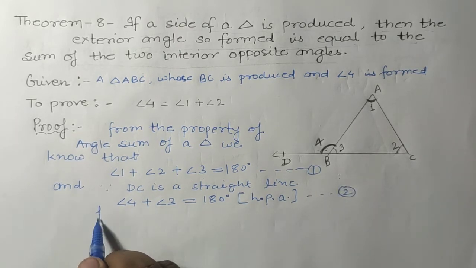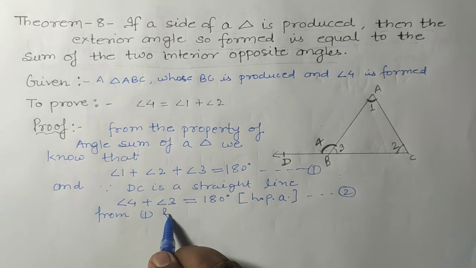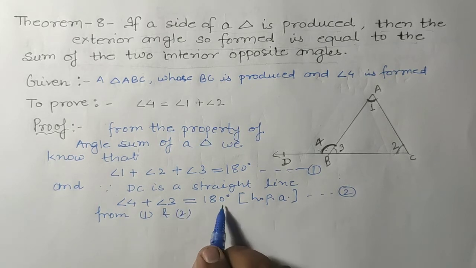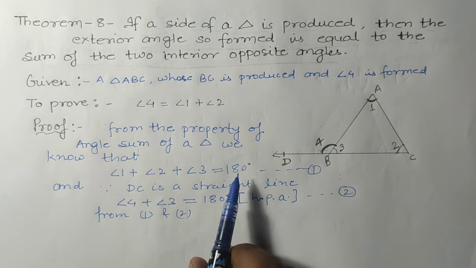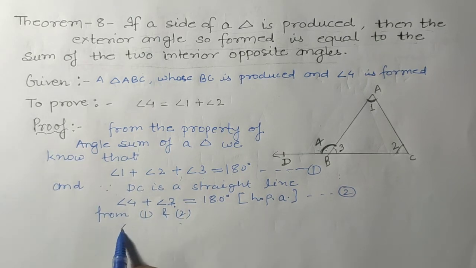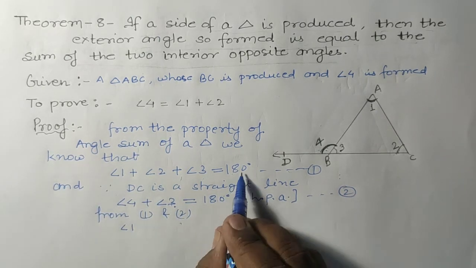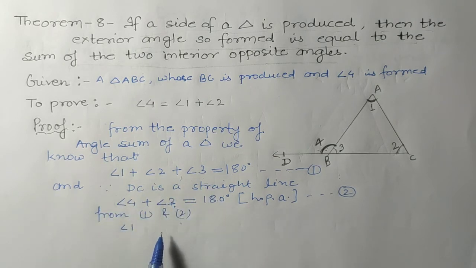Now see students, in equation 1 the right hand side is 180 degrees. In equation 2 also the right hand side is 180 degrees. So things which are equal to the same thing are equal to one another. So from 1 and 2 we can write, if their right hand sides are equal, then their left hand sides should also be equal to each other.